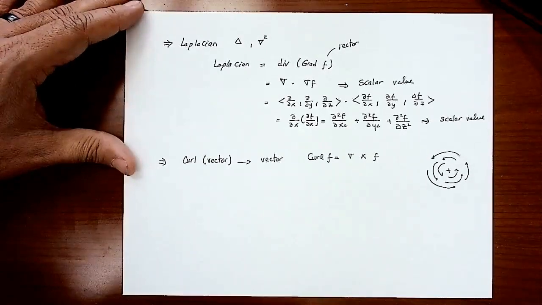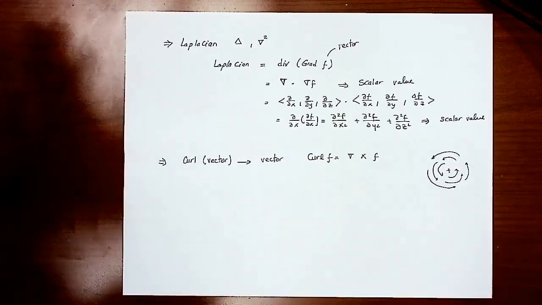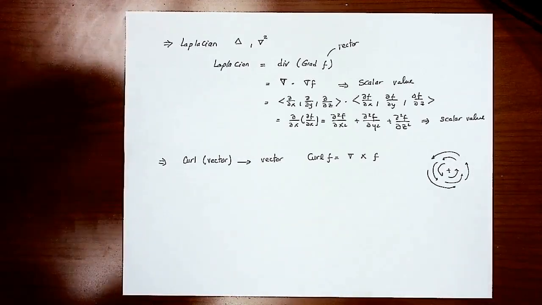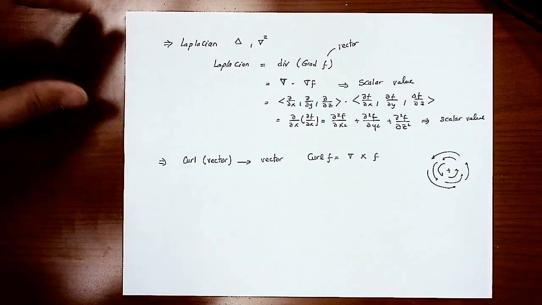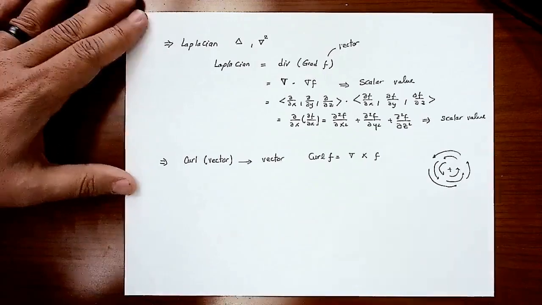So the divergence gives you the information about the convergence and divergence of the fluid to a point or from a point, and the curl gives you the sensation of rotation of that fluid around the point in any direction, clockwise or anti-clockwise.